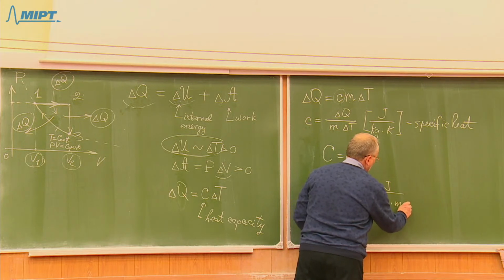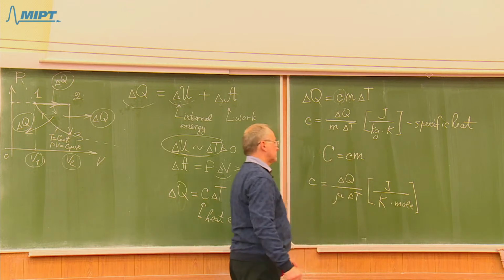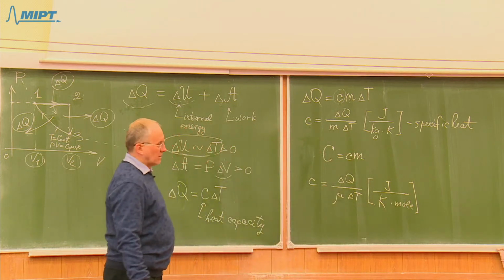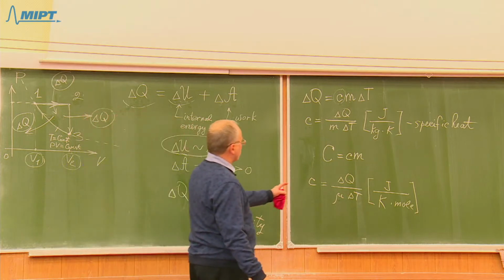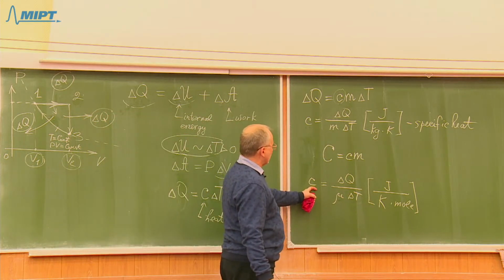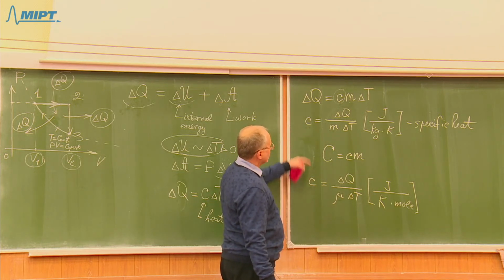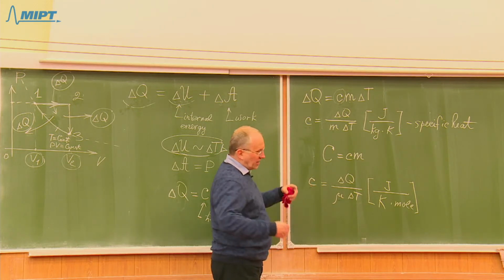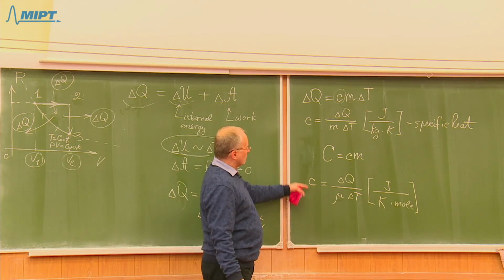What do we mean by 1 mole? Actually, it's a number of grams in 1 mole. So this coefficient is denoted by the same small letter c. And from the context, you can always distinguish between these two quantities.